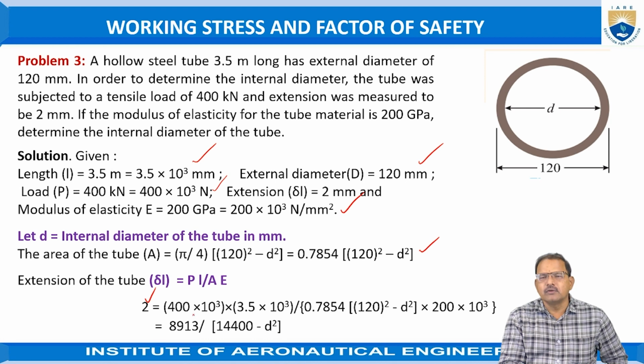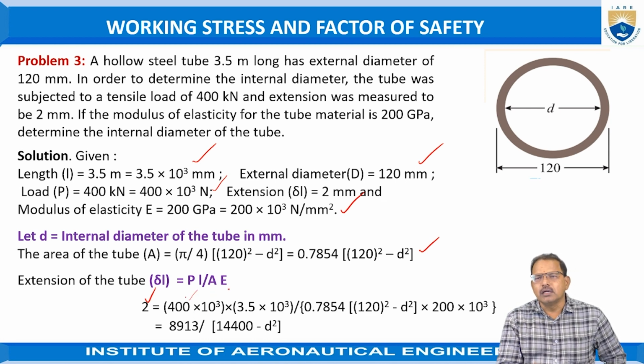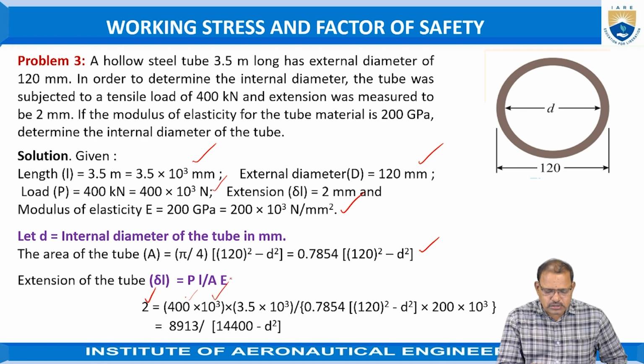Now P is equal to force applied, which is equal to 400 kilonewtons, which is equal to 400 into 10 to the power of 3 newtons. L is equal to the length of the tube, which is equal to 3.5 meters, which is equal to 3.5 into 10 to the power of 3, divided by area of the cross section, already determined, which is equal to 0.7854 into 120 square minus d square, given.